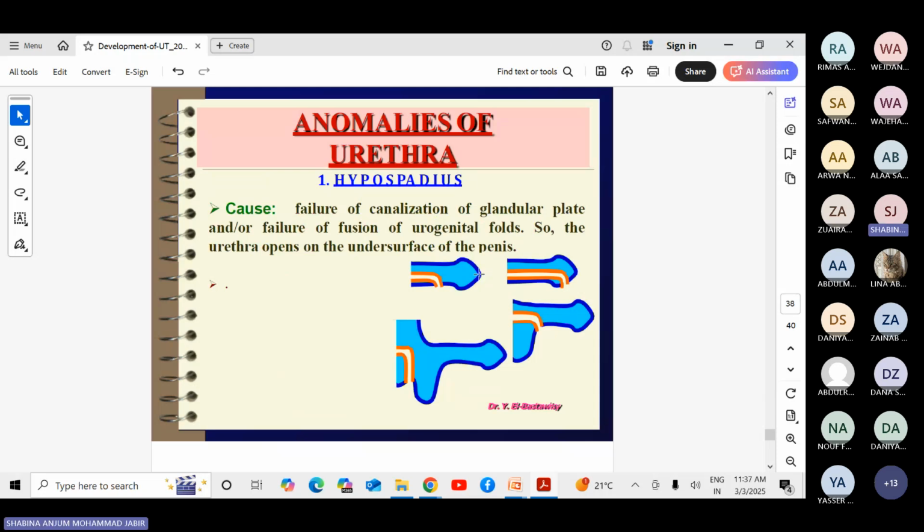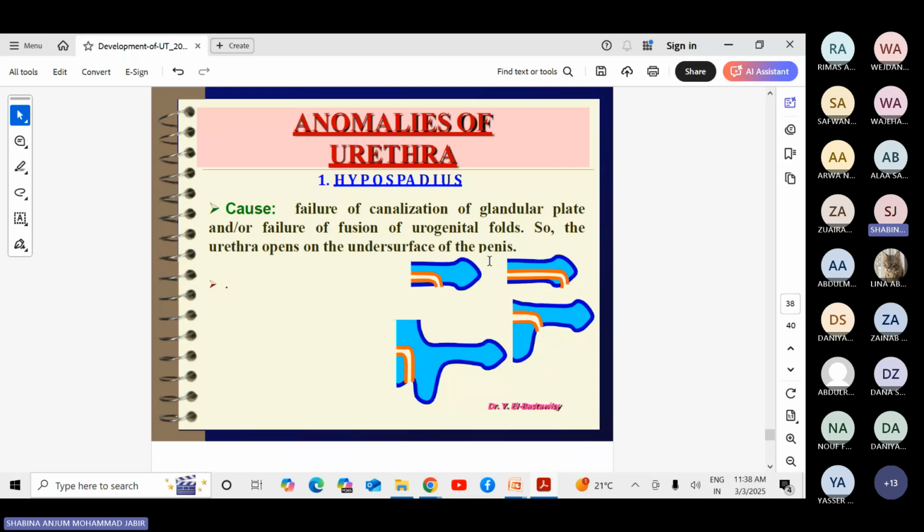But if there is a problem with the canalization of the glandular plate, or a problem with the fusion of the urogenital folds, what will happen? The urethra may open over the lower surface of the penis, here, the under surface. Can you see? This is called hypospadias.